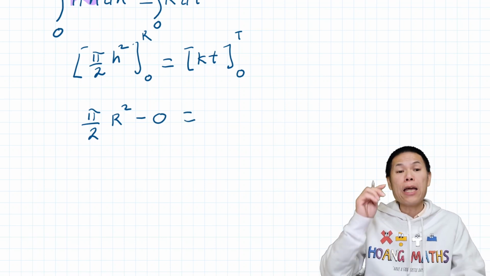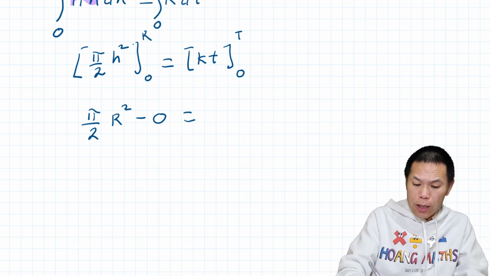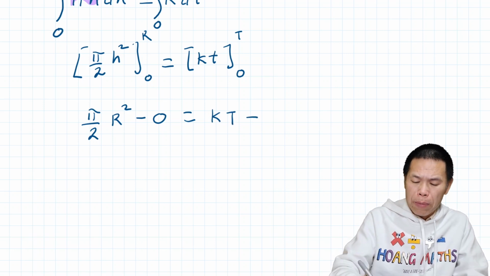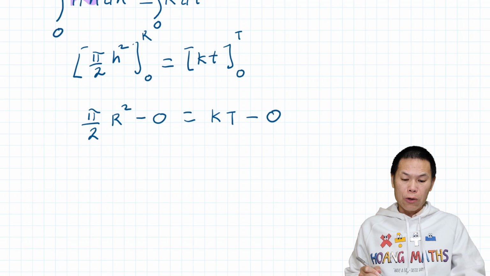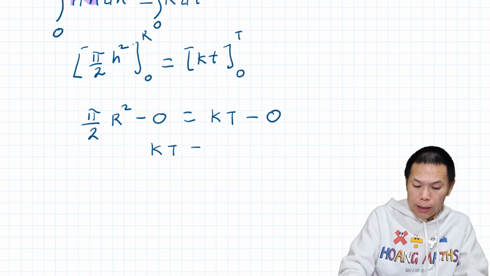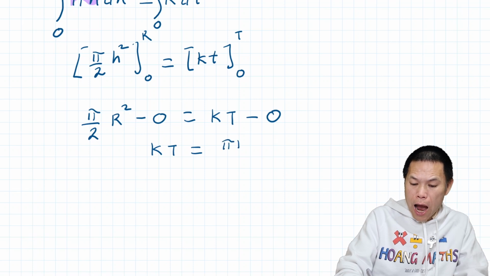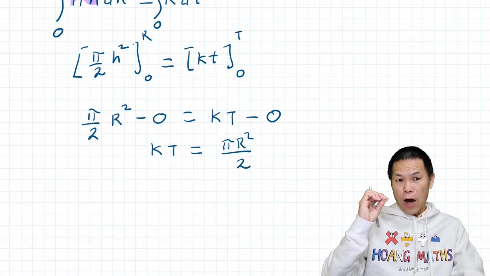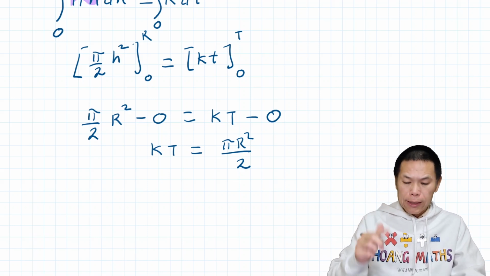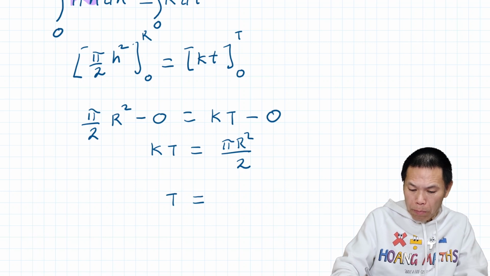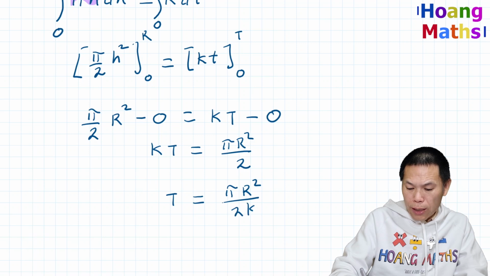On the right hand side, when t equals capital T, that is kT, minus when t equals 0, 0 times k is 0. So let me rewrite this: kT is equal to pi r squared over 2. If I divide by k on both sides, then T is equal to pi r squared over 2k.